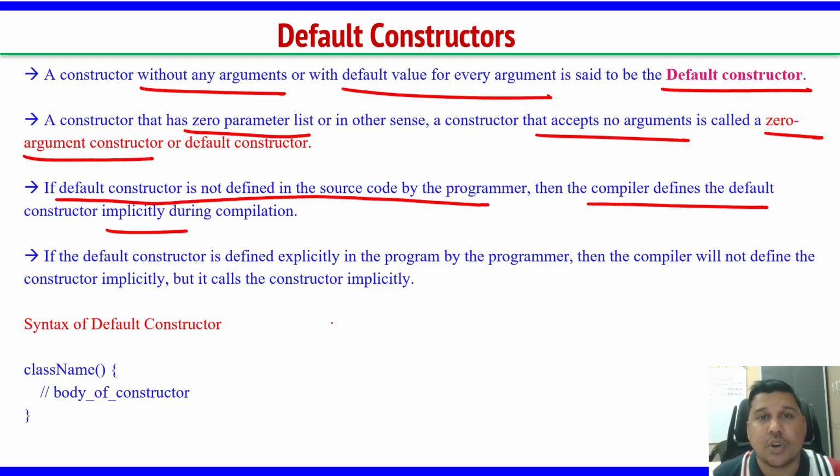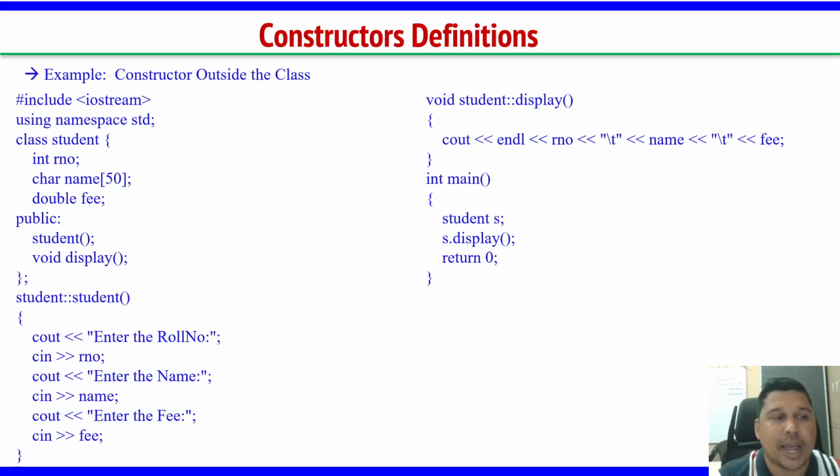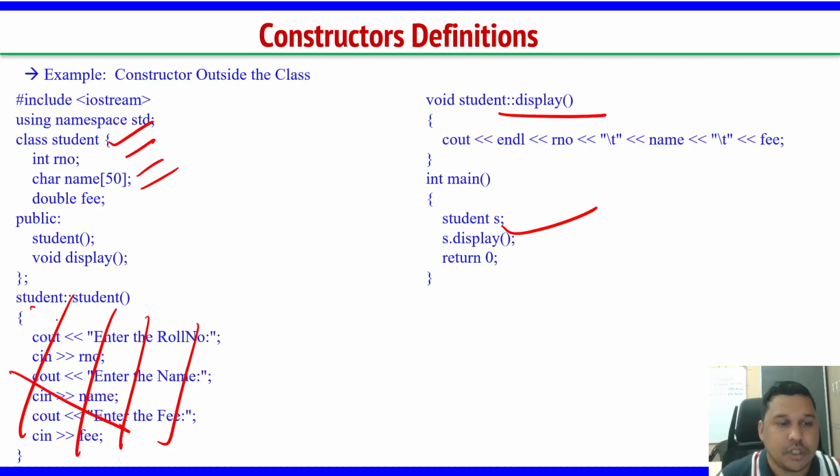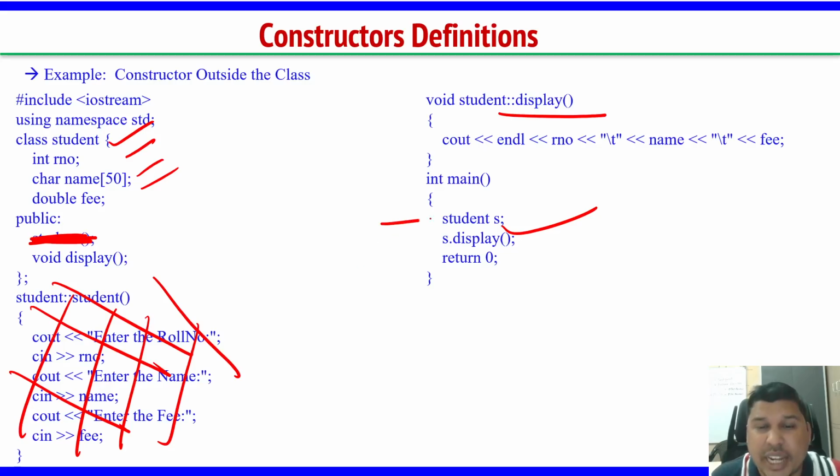Actually, the process of executing a program based on the OOPS concept, based on class and object concept, definitely should have a constructor. If you are not defining a constructor, the compiler automatically creates a default constructor. It means in all the programs like this, if I have a program with some student with some numbers and some function display, and I am creating an object, and you don't have this part and this function also, what will happen when you create an object?